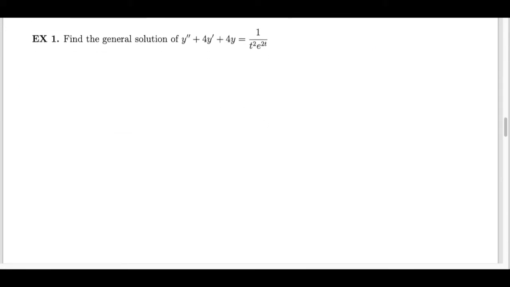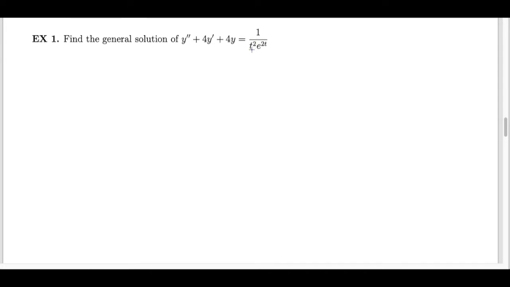Example 1, we have a familiar looking non-homogeneous differential equation. And before I get started, I just want to note that this is the type of g of t to which we could not apply undetermined coefficients. How come? You'll notice that this g of t is built out of polynomial and exponential ingredients, sort of.